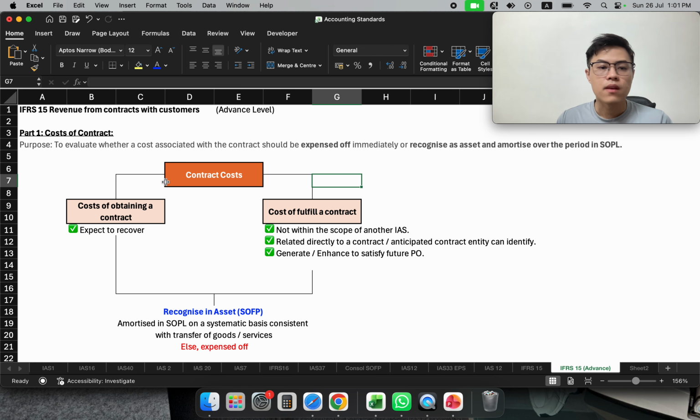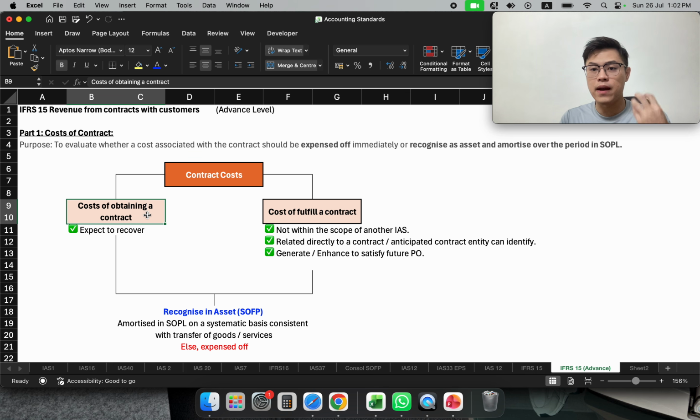So now, the guidance given is on the cost of obtaining a contract. Meaning, upfront, if we spend this much money, are we going to keep it as an asset or expense it off immediately? This depends on whether we are going to recover the money or not.